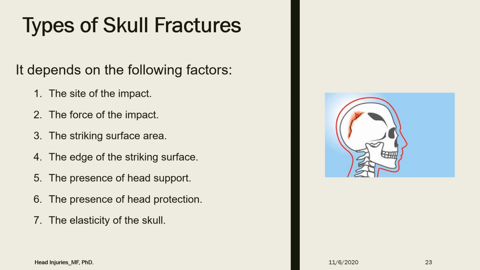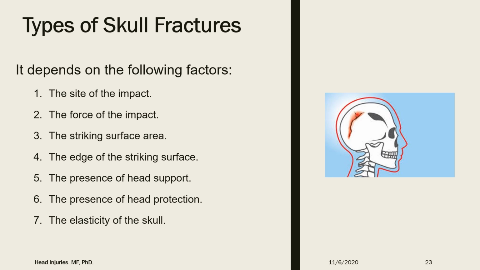If the applied force is great and the striking surface area is very narrow, as in case of bullet injuries, the result is a clean hole fracture, as in cases of firearm fractures. A somewhat bigger striking surface with less force of momentum will result in a localized depressed fracture, and we will discuss this in detail.